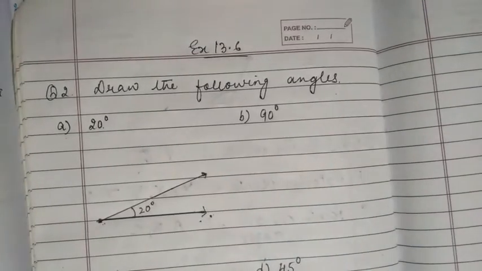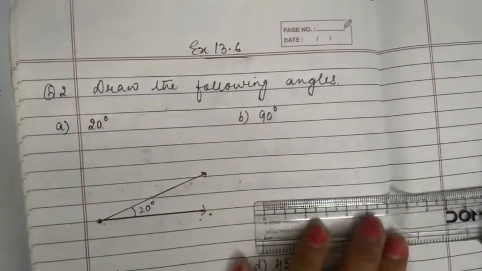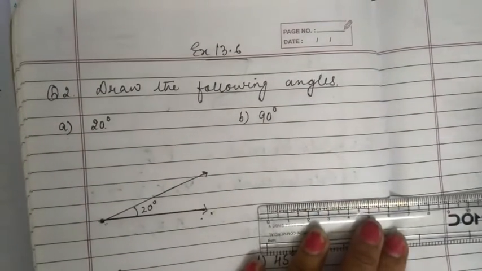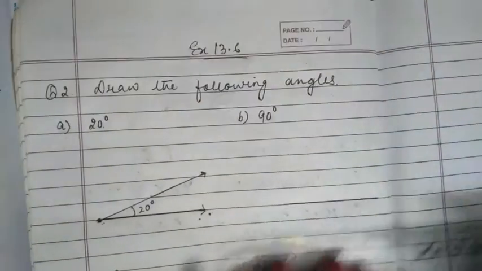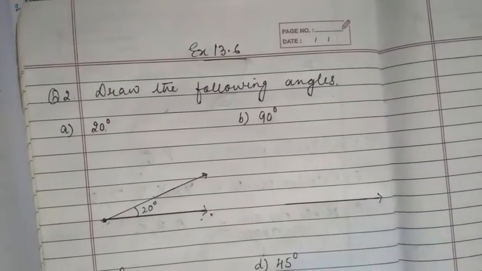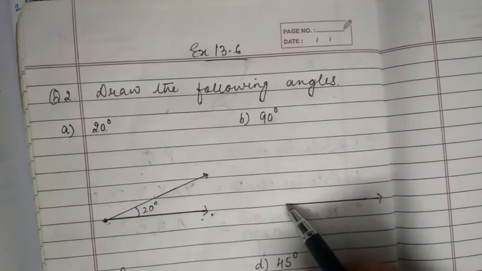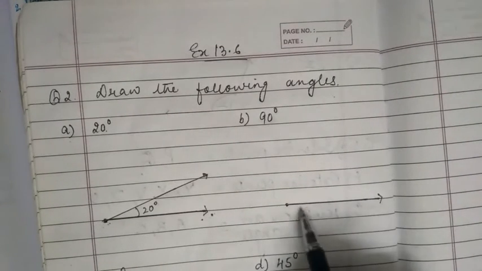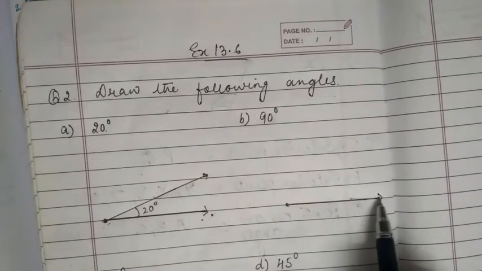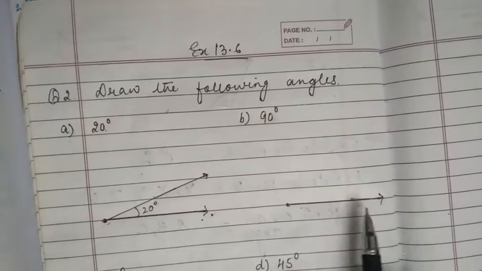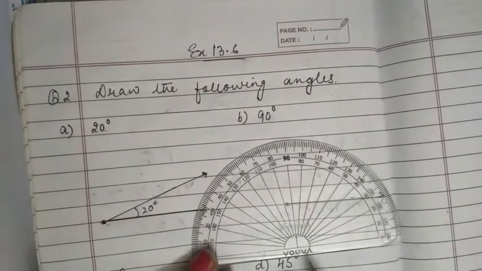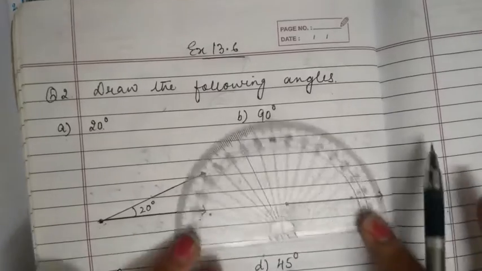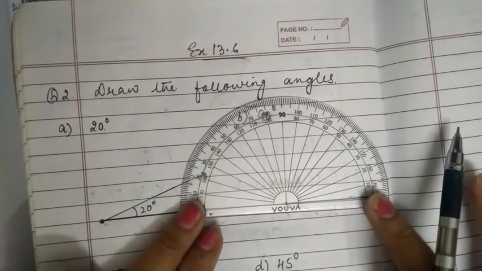Now for the 90 degree angle, again the same method. Draw a line or ray of any length. This is your base point, this is your baseline, and our baseline is going towards this side. Okay, so the second step is, we will keep the center point on this base point and overlap both the lines.